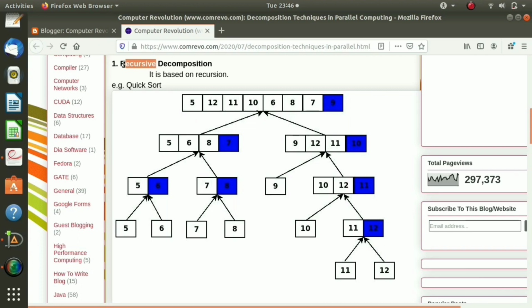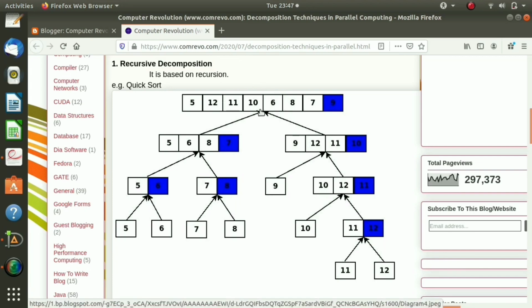We have already heard the word recursion. In many programming languages, we use this word. Recursion means calling the same function again and again. Here we are using this word for decomposition. It is used for those problems which can be solved by the divide and conquer method. When we have a big problem, we divide it into sub problems, and these sub problems are independent.